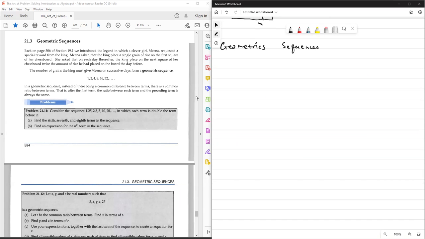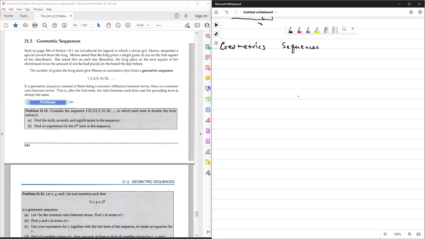The only difference between arithmetic sequences and geometric sequences is how the terms relate to each other. Arithmetic has a common step forward. In a geometric sequence, the steps are multiplied by the ratio.